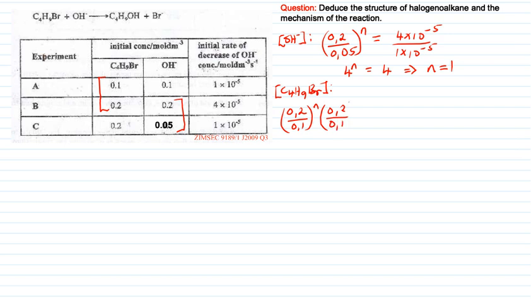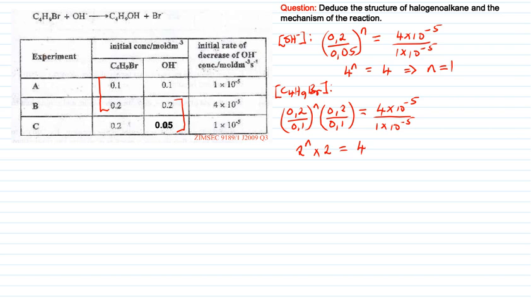The order is 1, so it is equal to 4 times 10 to the power negative 5 divided by 1 times 10 to the power negative 5. So this is equal to 2 to the power of n multiplied by 2 is equal to 4.